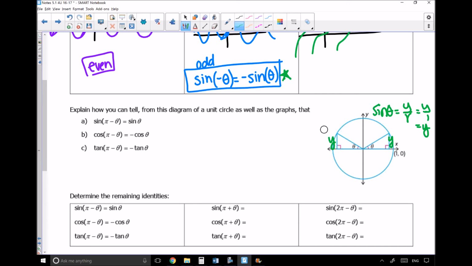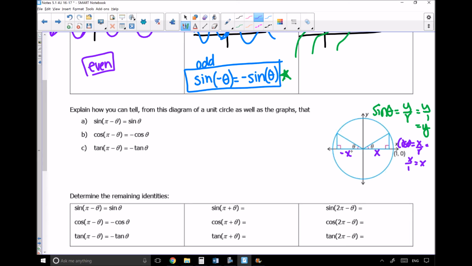Okay, now remember cosine of theta right here. Cosine is x over r. It's my x value right here, my adjacent over the radius. Well, my radius is 1, so it's x over 1, or just x. So if I look at x over here, in my new triangle, my x value is the opposite sign.